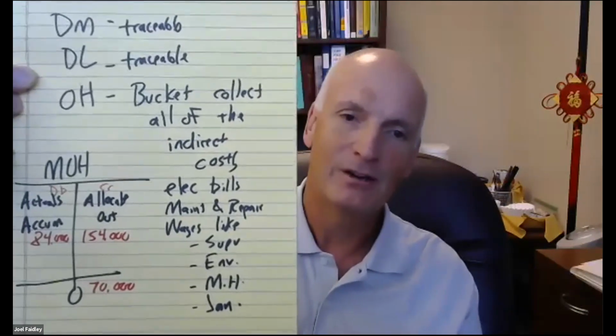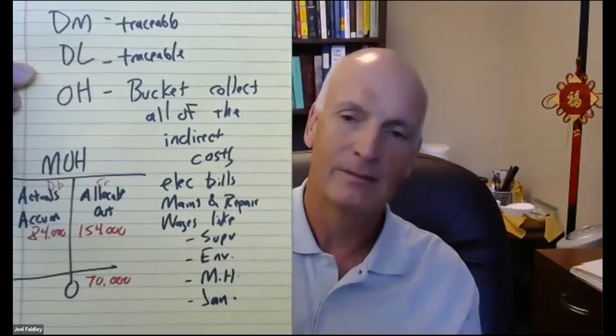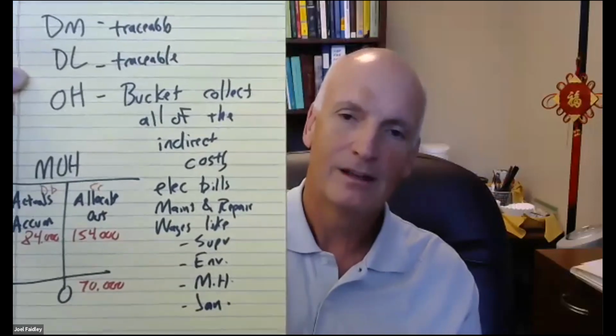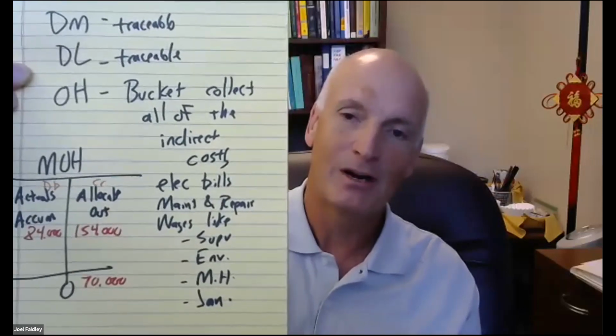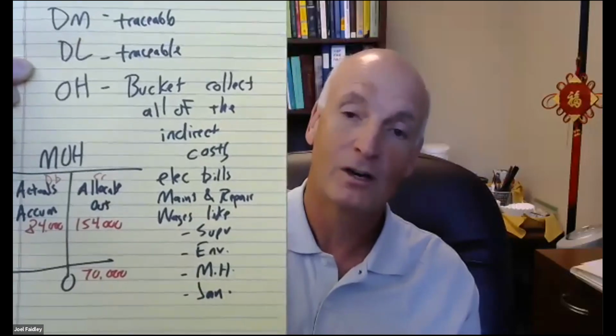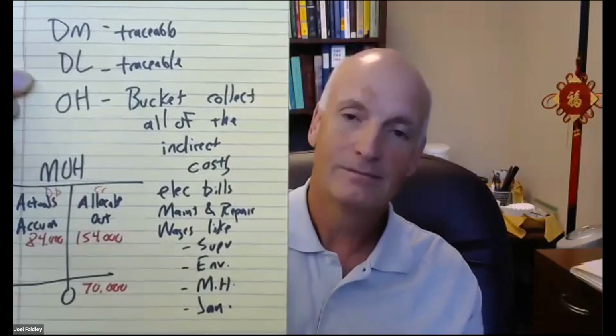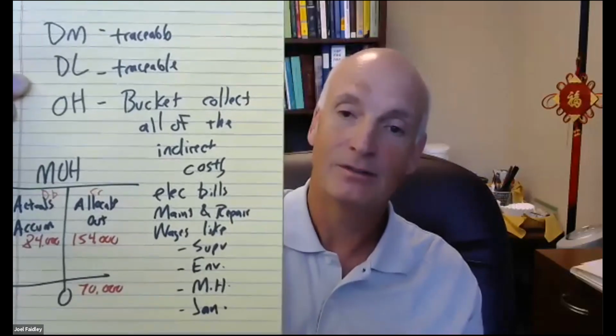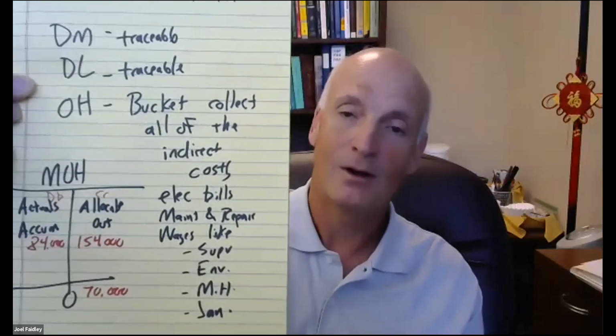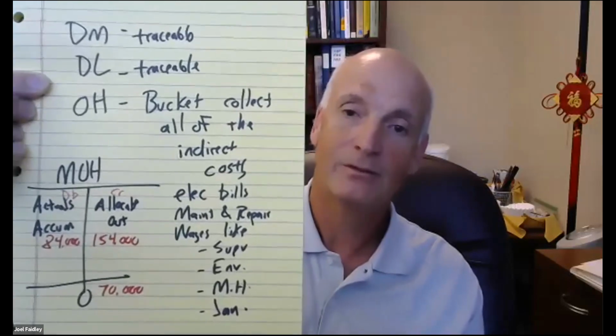But what's the issue there as well? Looking at this from a business leader standpoint, I've been allocating this cost out to my product, and I actually have over-costed my product. I may have made some poor sale decisions based on thinking my cost was higher, and actually it was lower, wasn't it? All right.